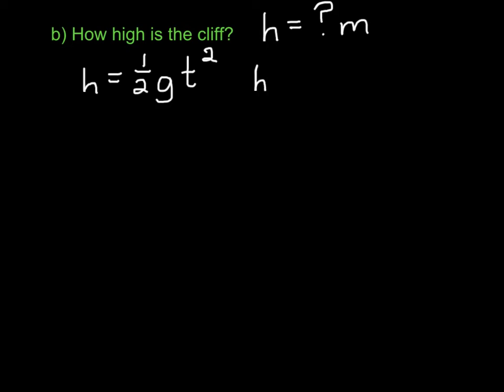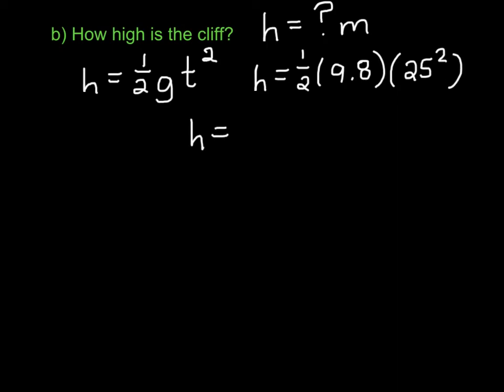So when we solve for h, we have 1/2 times 9.8 times 25 seconds squared. So the height of this cliff turns out to be 3,062.5 meters.